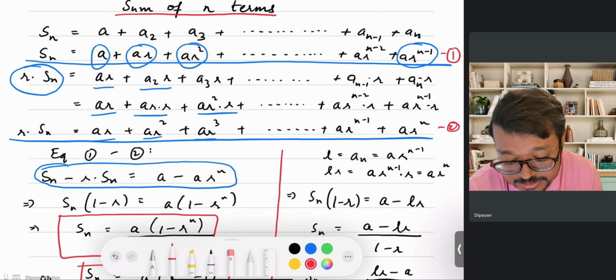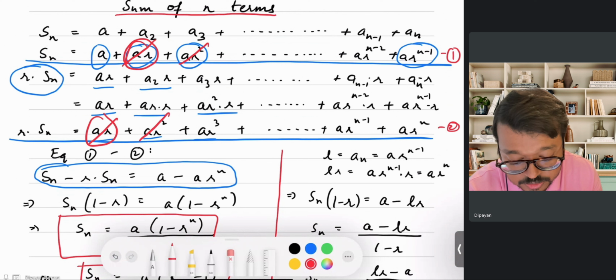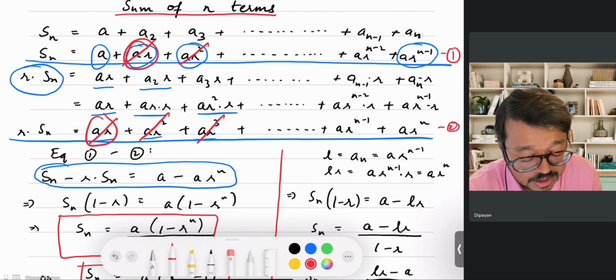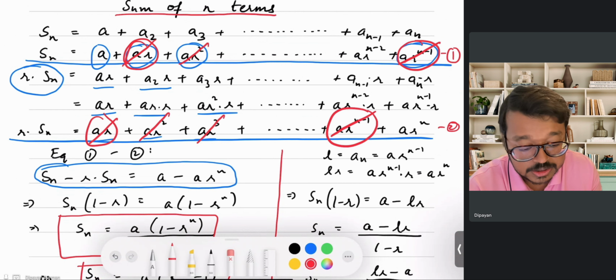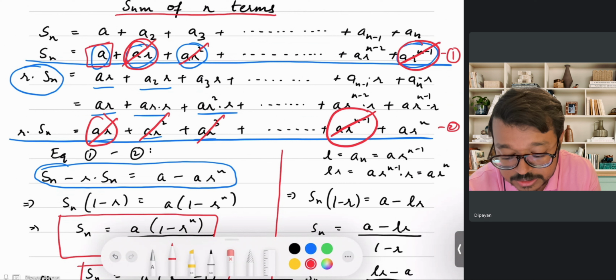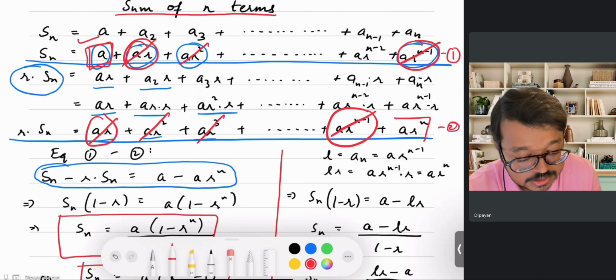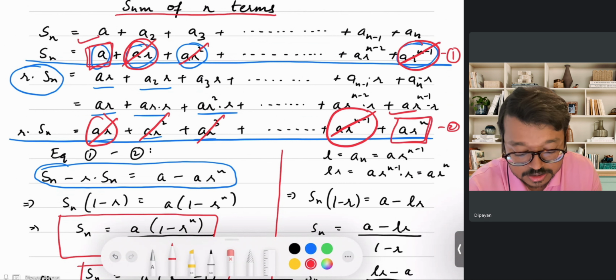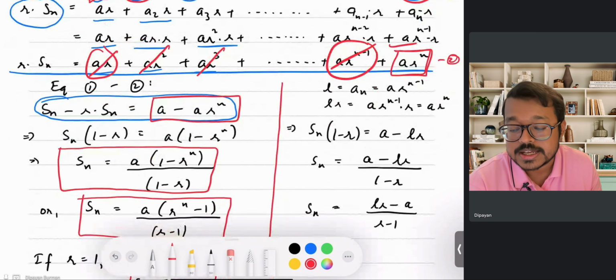For example, this ar and this ar will cancel each other out, ar square will cancel each other out, and so on up till ar to the power n minus 1. These will cancel each other out, but the only thing that will remain is the first term a minus ar to the power n. Then I can take Sn common.